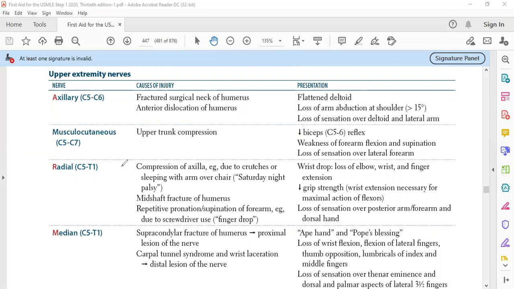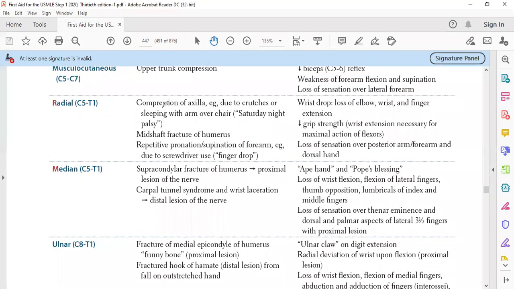So moving on, we have the radial nerve. What happens in the radial nerve? There is compression of the axilla, for example due to crutches, which people who can't walk use. Sleeping with the arm over a chair, like Saturday night palsy, and mid-shaft fracture of humerus.